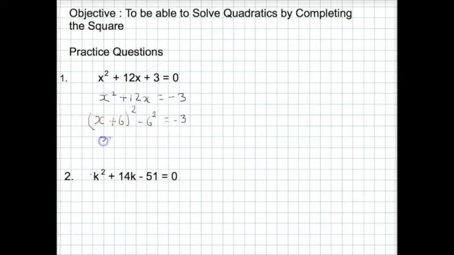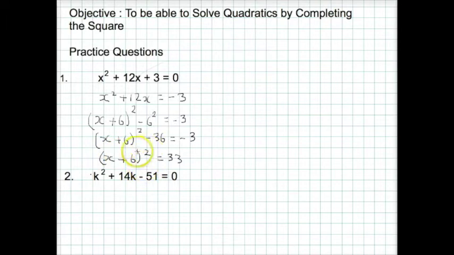If we tidy that up, x plus 6 all squared, take away 36, is going to equal negative 3. The next step would be to take the 36 over to the other side. So we're left with x plus 6 all squared is going to equal 33.